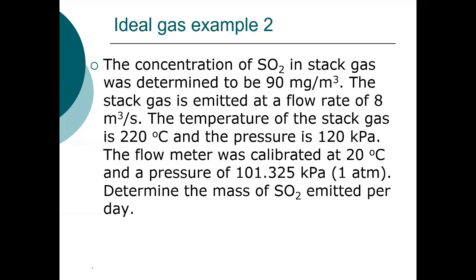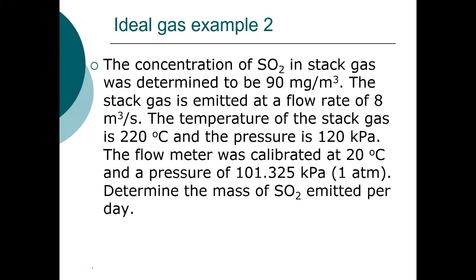We're not going to want to calibrate it under pressure or under high temperature. We calibrate it typically at room temperature. You're asked then to determine the mass of SO2 that's emitted per day.